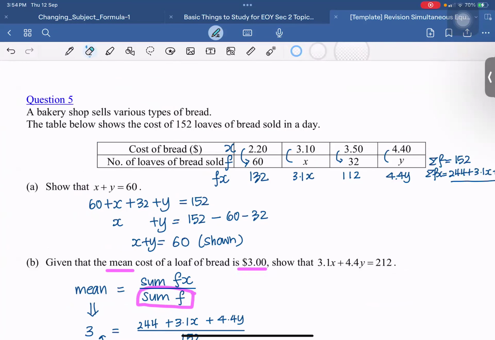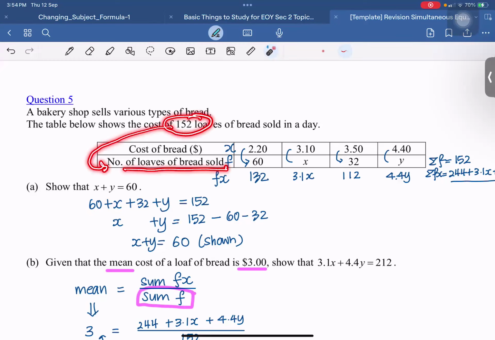First part, the question says I have a table of values. This is all my data value, the cost. This is all my frequency, right? And then they say, show that x plus y equals 60. How do I know that? The frequency is the number of loaves of bread. The total number of loaves of bread is 152.